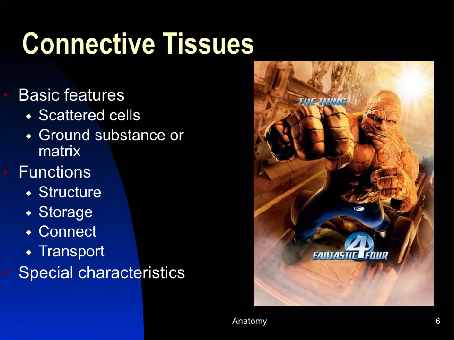So it forms structures like bones or cartilage. It stores things like in fat tissue or in what's called adipose. They also form strong connections like tendons and ligaments. And liquid tissues like blood that transport things, those are connective tissues.